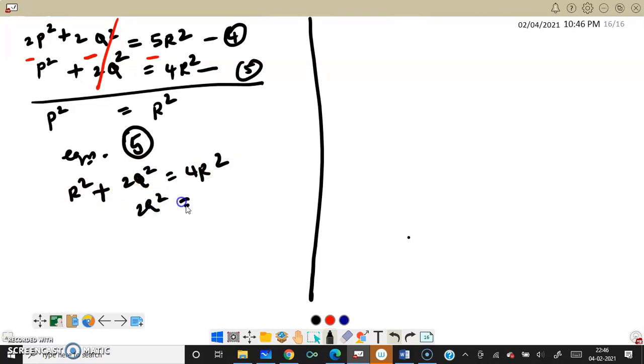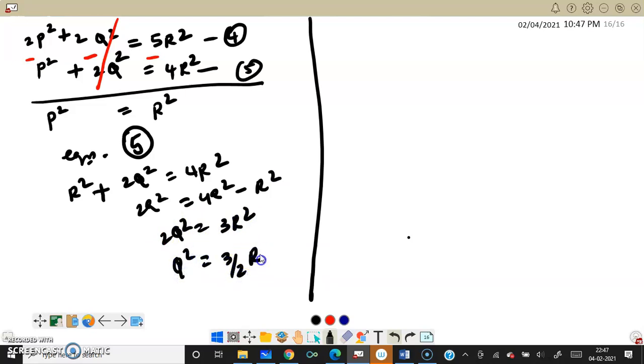So 2q square equal to 4r square minus r square, that is 3r square. So we will get q square equal to 3 by 2 r square. So what we got is p square is to q square is to r square.